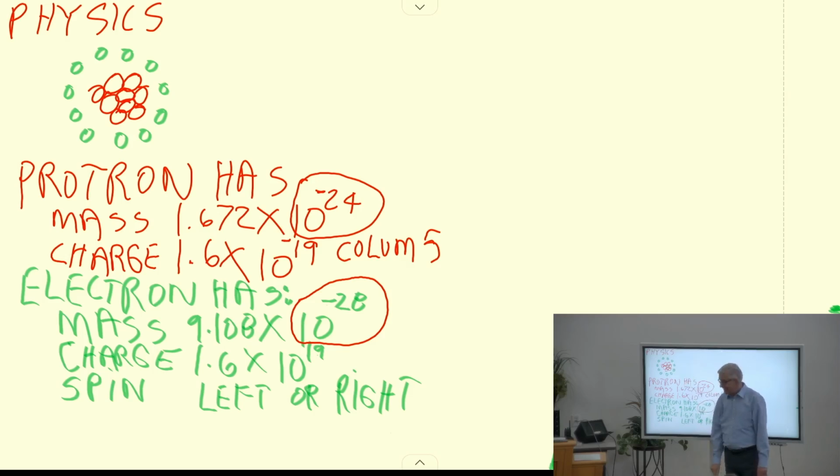But notice charge. They both have the same electrical charge. Positive, negative, but the amount of charge is the same. Isn't that interesting? And they're exactly the same.